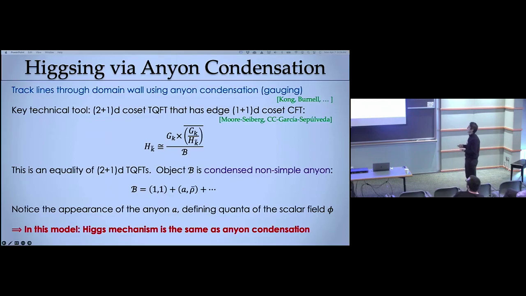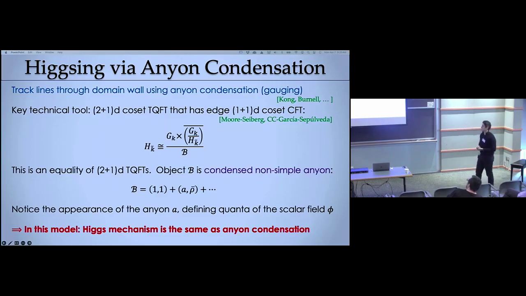Okay, so the key thing that we need is the 2+1D coset TQFT that has as its one-sided edge this chiral coset CFT. So I denote that this way. And we have a presentation of the Higgs phase, HK tilde, as resulting from the product of the massive phase, the coset TQFT, and a condensation of some non-simple anion B. So this is an equality of 2+1D TQFTs.